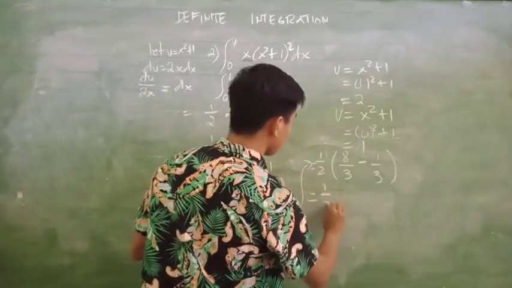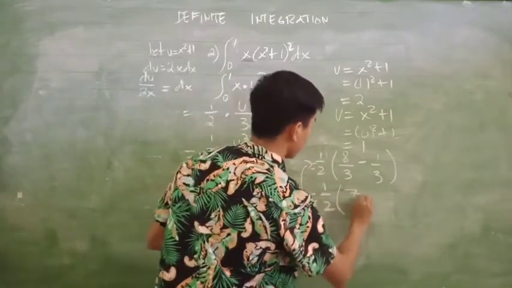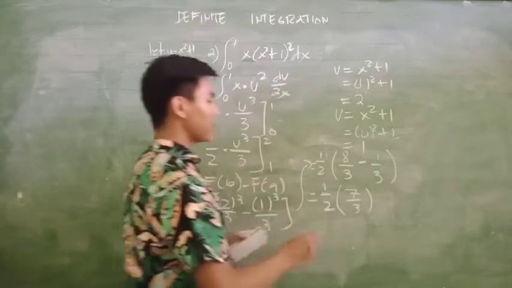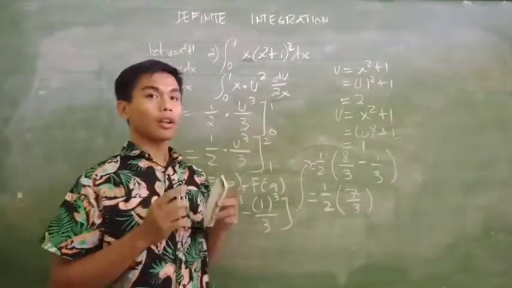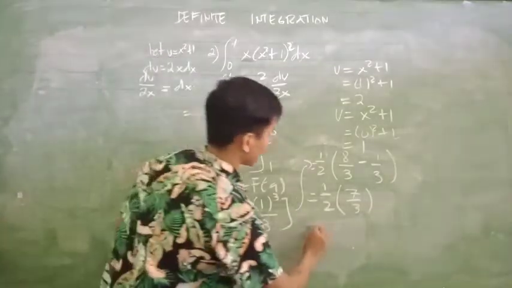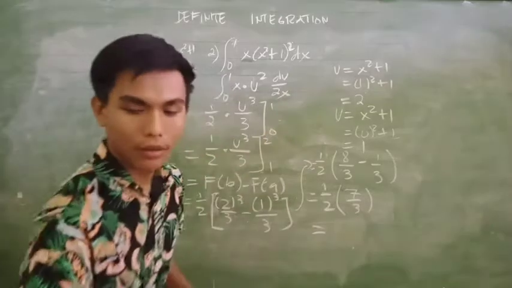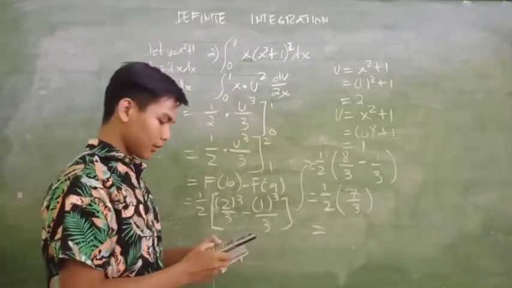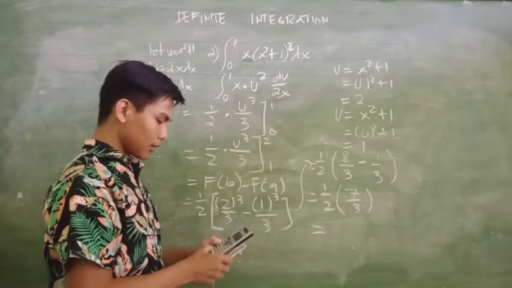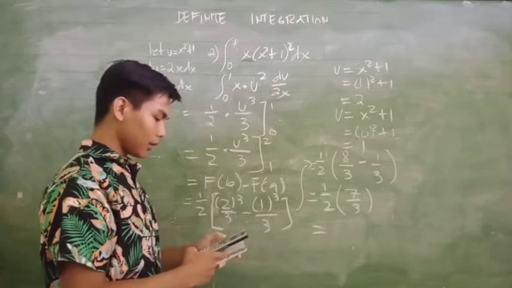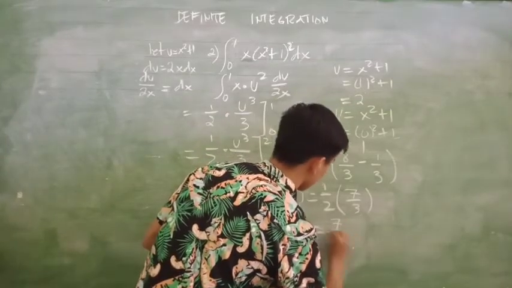We've got 1/2 times 7 over 3. So after simplifying, multiply the outside term to obtain the final answer. So this would be 1/2 times 7 over 3. That will be 7 over 6.